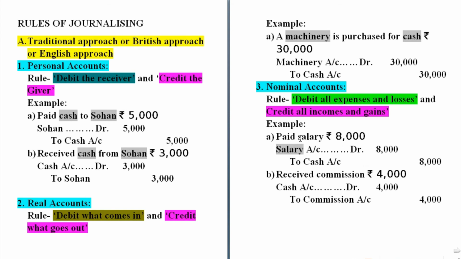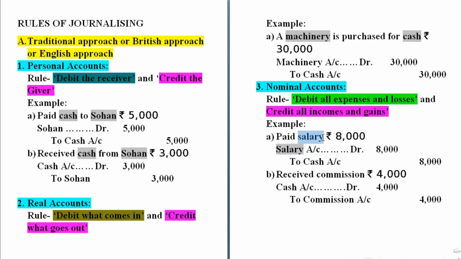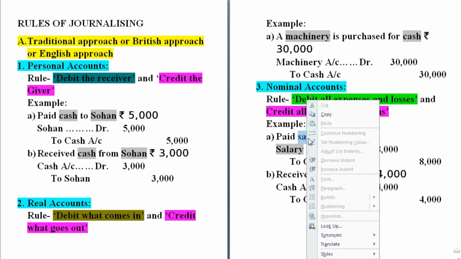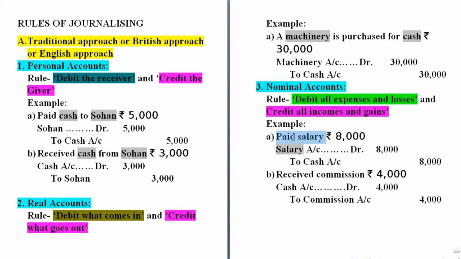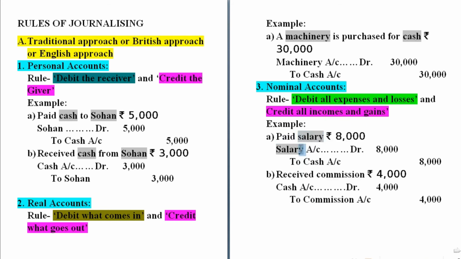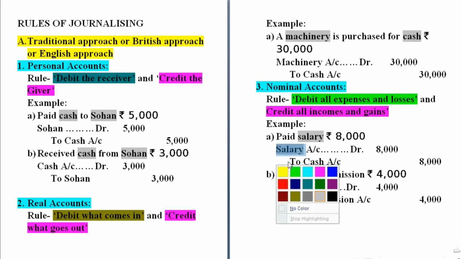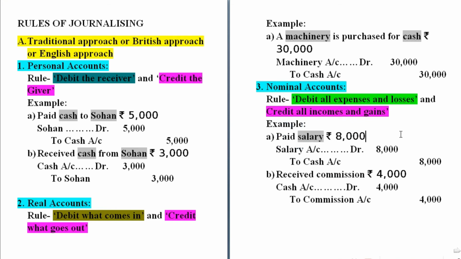Cash is going out, and that we are crediting. So according to this rule, we are debiting the salary because salary is an expense, and automatically it is paid in cash because there is no word cheque written here. So we will write cash because cash is going out.